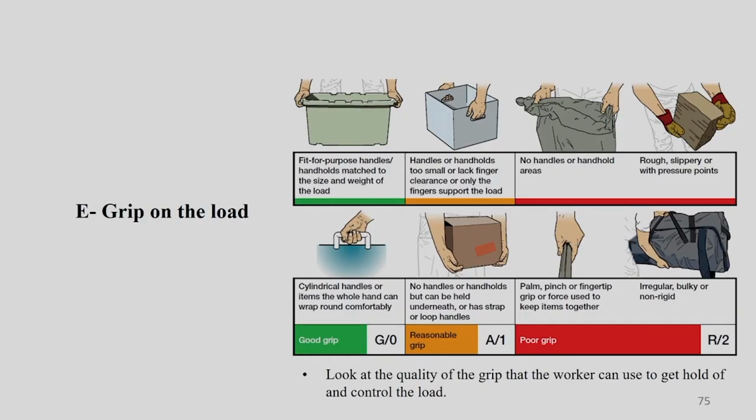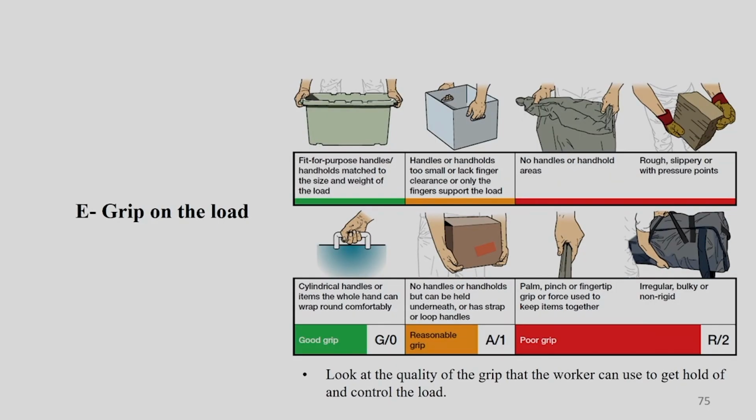Now moving to the next part, that is the poor grip. No handles or handhold areas, like sacks, plastic bags and such cases. Rough, slippery with pressure points, palm pinch or fingertip grip, or force used to keep items together.